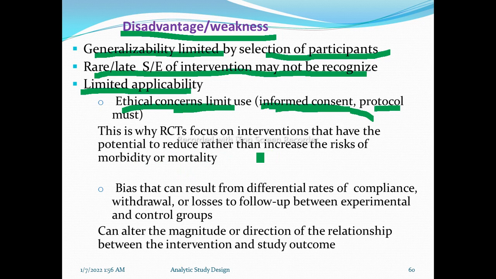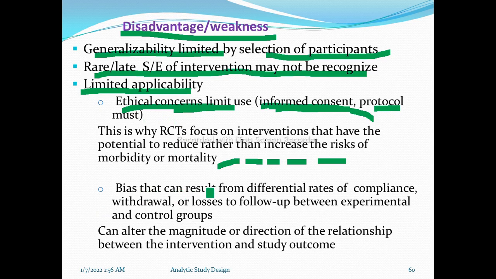For instance, if we want to test a medication and there is high mortality with the medication, it is difficult to get ethical approval, because all patients should take the medication. So it is difficult to separate patients with medication from patients without medication. So there is great ethical concern.